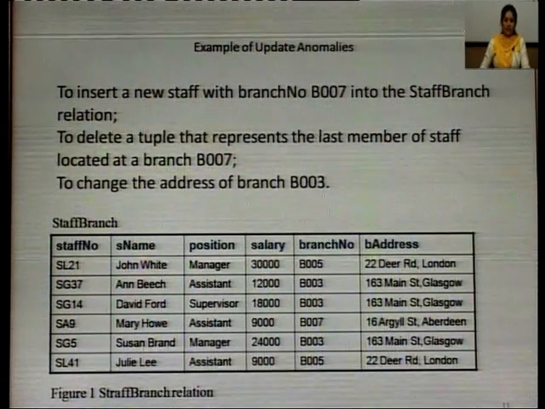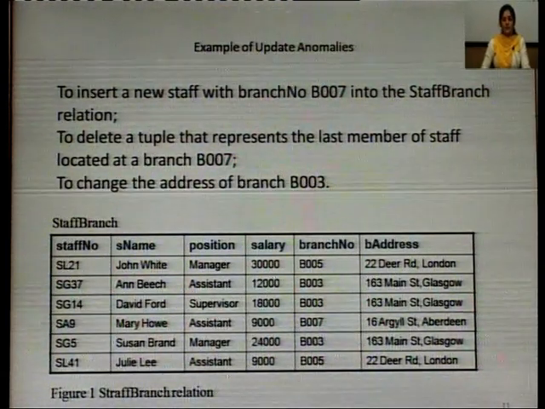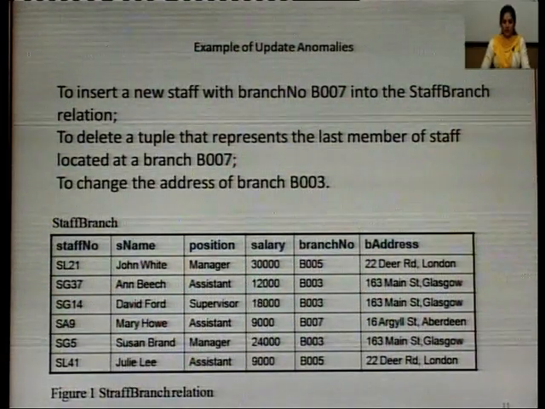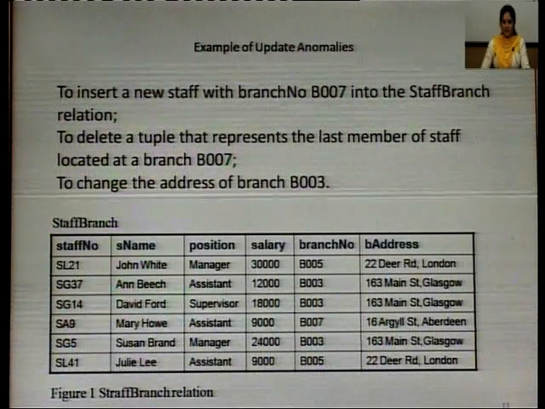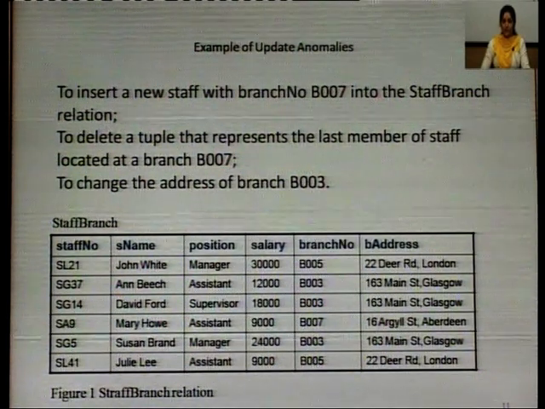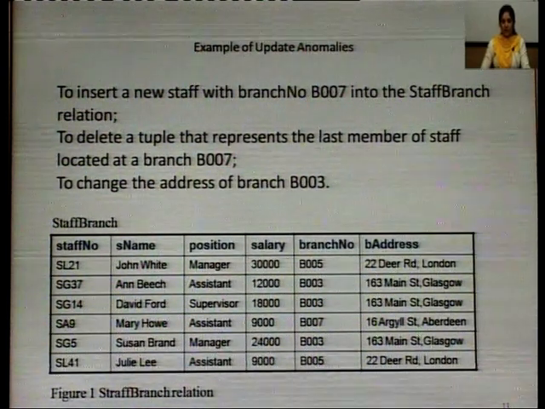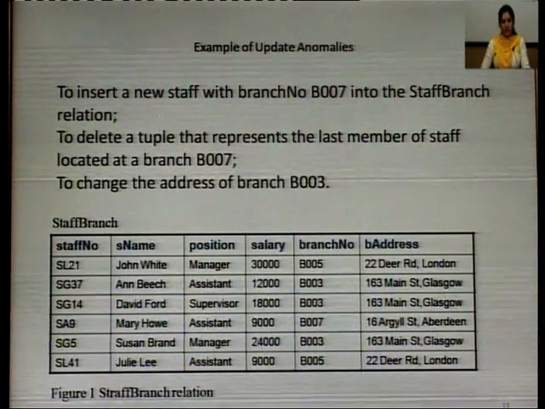of any database entity. There is a table which is known as staff branch. There are a number of attributes in that table: staff number, staff name, position on which the person is working, salary, branch number and branch address.